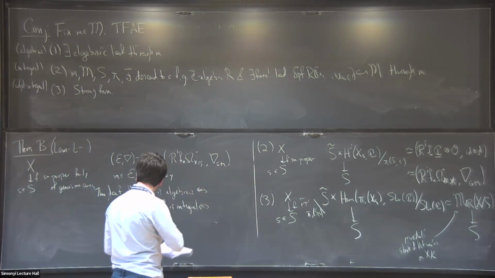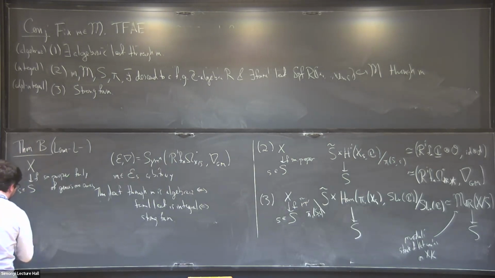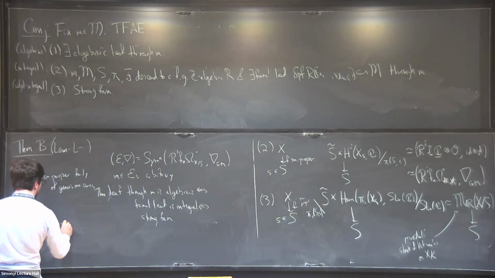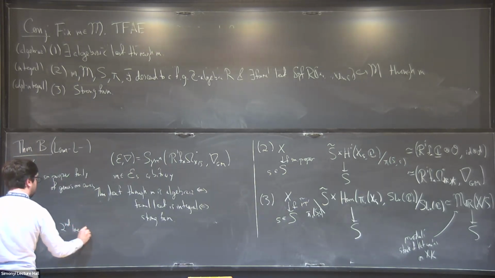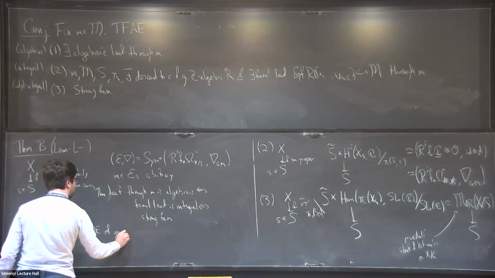Great. So maybe let me just remark, this is not an exhaustive list of the results we can prove for linear ODE. For example, we can also do the same sort of thing for many second order ODE of geometric origin.